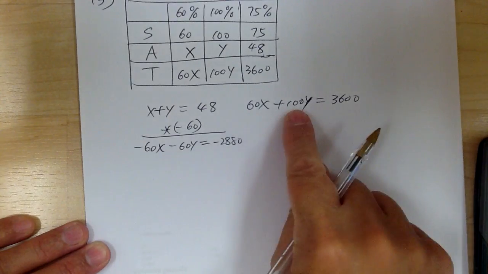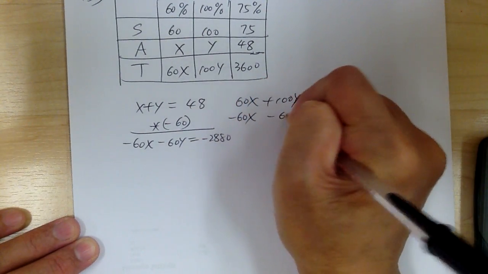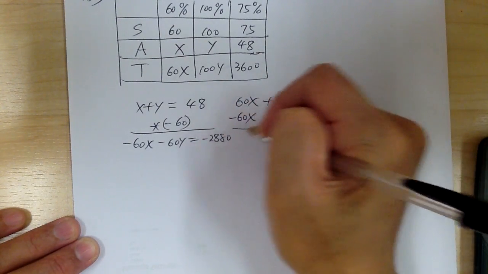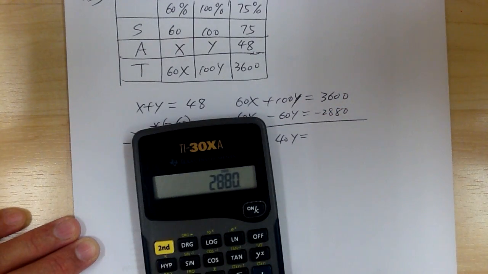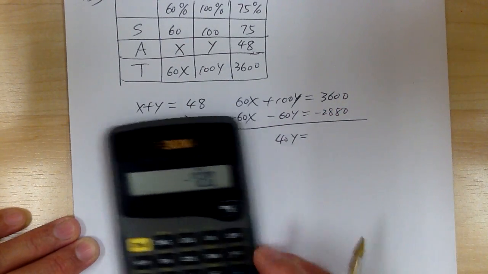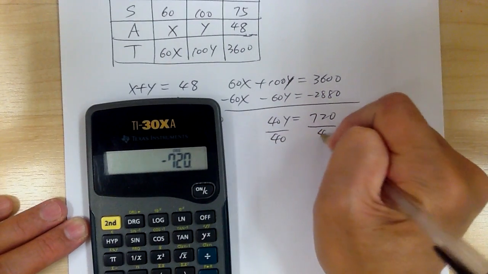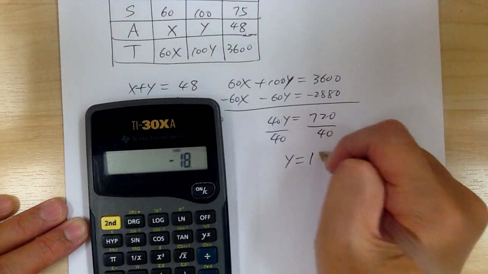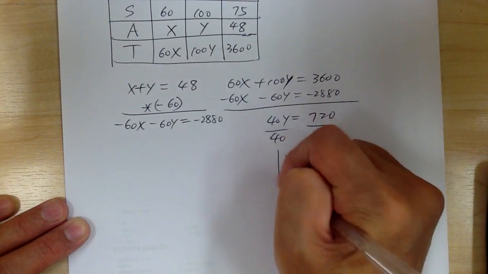Okay, then you put this equation underneath here to eliminate the X. So this cancels out, so you get 40Y equal to 720. Then you divide by 40, so Y equal to 18. And the label would be kilograms.